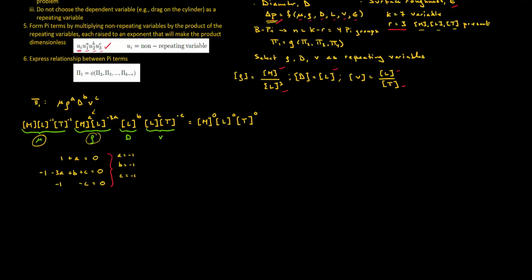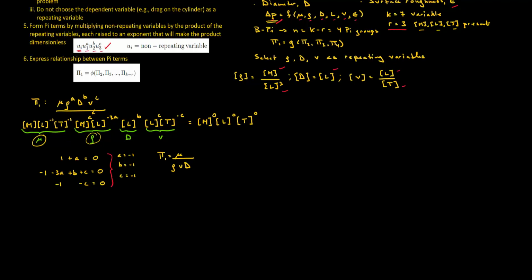So what this tells us is that our product over here, pi 1, is equal to our viscosity divided by rho, v, and d. So this should probably look familiar.